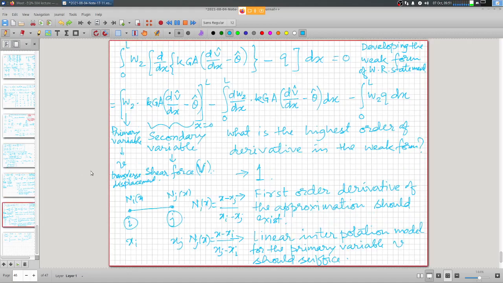Then for the second row, for the choice of W2 as N1 we get one equation, and for the choice of W2 as N2 or Nj we get another equation. Together, once we evaluate these, we will get four equilibrium equations in terms of four unknowns, and that is what we can assemble, and that will be the element equilibrium equations for the shear flexible beam. So let's work that out.